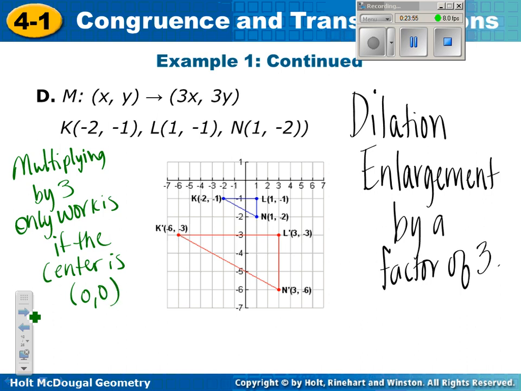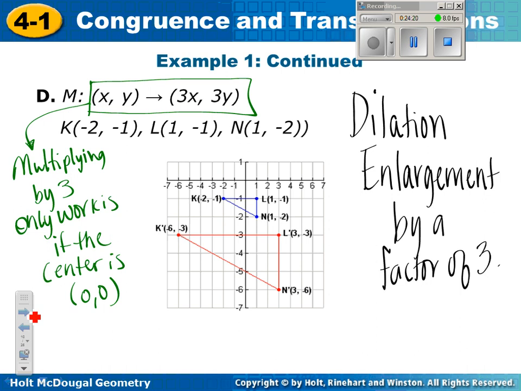And that also means a rule for a dilation only works if it's centered at the origin. You cannot write a dilation as a rule like this if the center is somewhere else. Okay? So if the center is not at the origin, you cannot simply multiply by the scale factor.